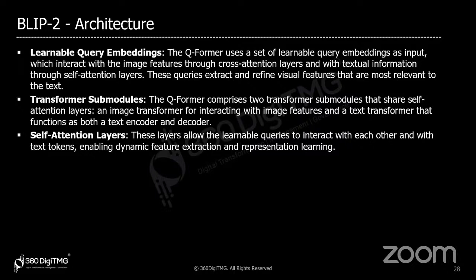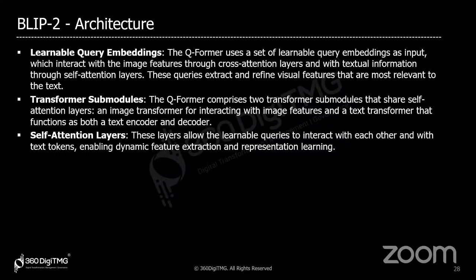These queries extract and refine visual features that are most relevant to the text. Firstly, it takes query embeddings as input from the images as well as the text information, and then it extracts and refines the visual features that are relevant to the text and matches them both.